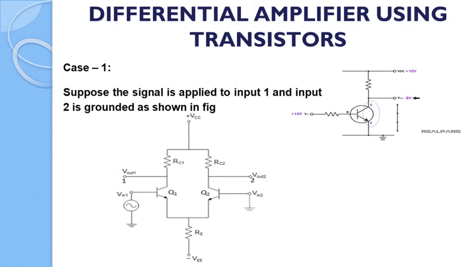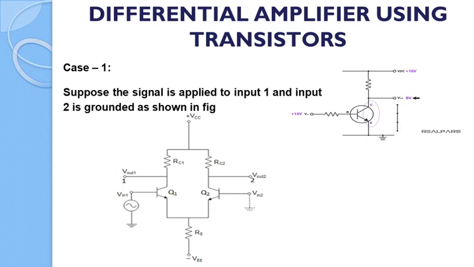As per our animation, the input is given to Q1. Whenever the base is triggered with a positive voltage, the output will be low. Whenever the base is biased with a negative voltage, the output will be high.